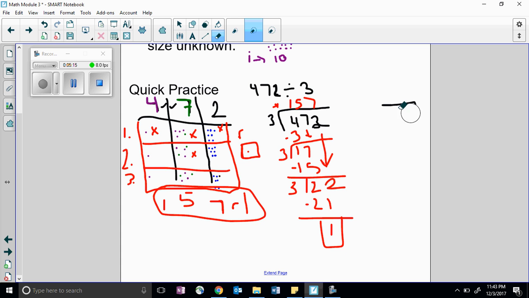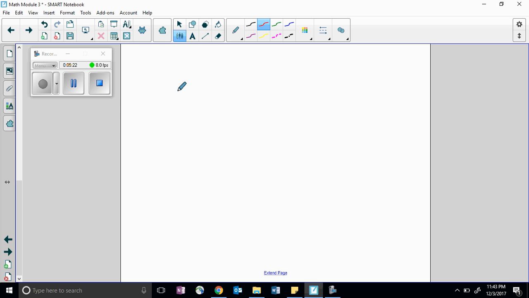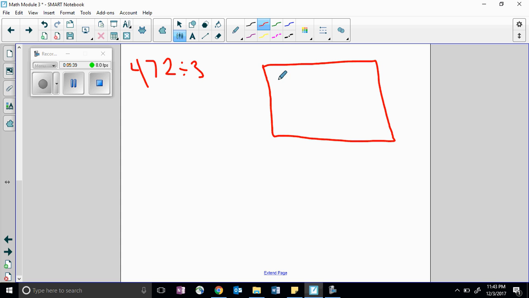I'm going to delete this guy right here. You guys are going to keep him on your paper. I just need to move him where I'm going to have some more room to work. So, on many of your guys' dream box, you have seen where it'll say 472 divided by 3, and then it's got this giant little thing over here where it says 472 in the middle.